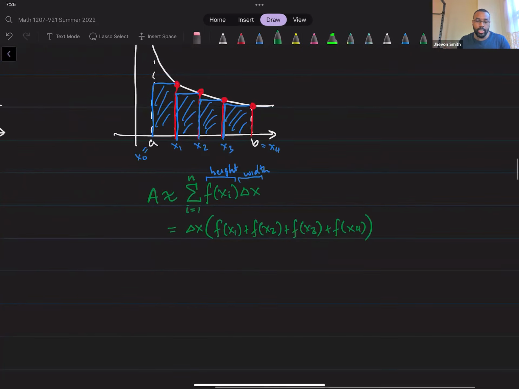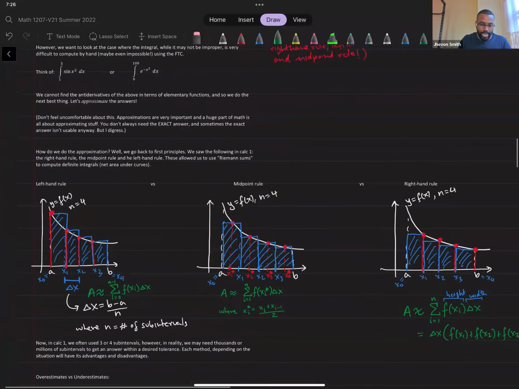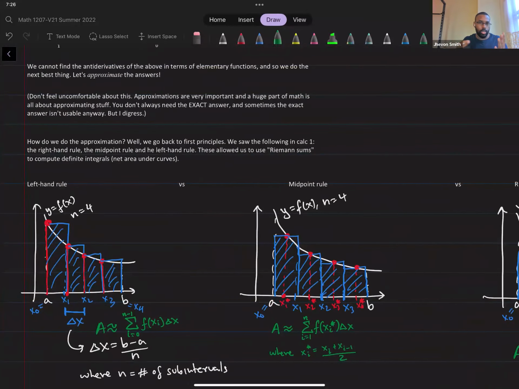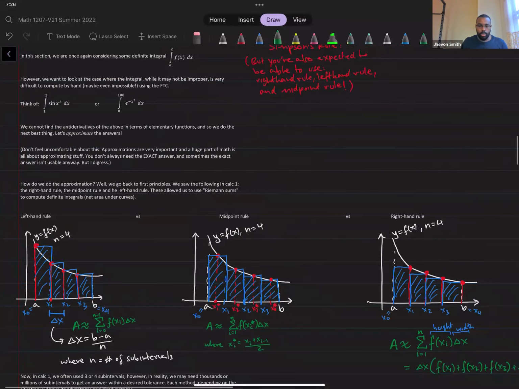And of course, the idea is the more rectangles you use, the better your approximation gets. Use enough rectangles so that your answer gets close enough to the actual answer that you would want. Generally speaking, for a lot of these problems, we could get the exact answer. And in Calc 1, you would usually have a problem where they ask you to approximate it, but then actually find the actual answer. In real life, that's not always possible.